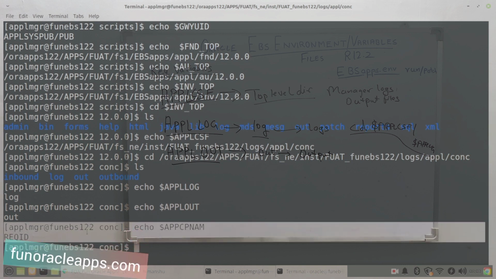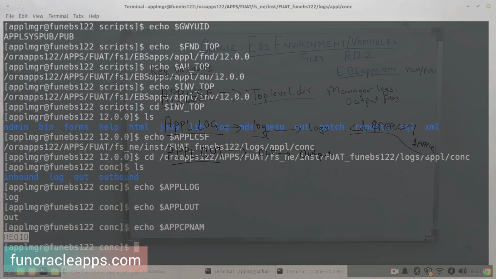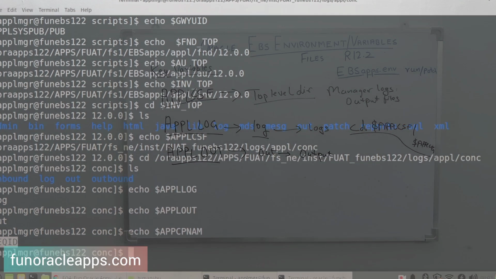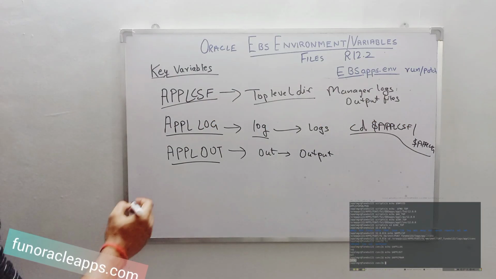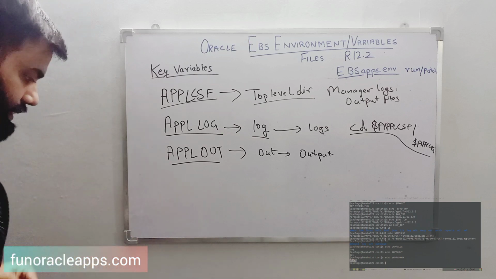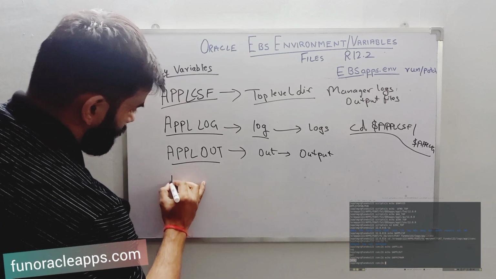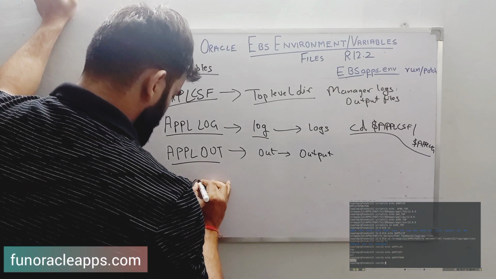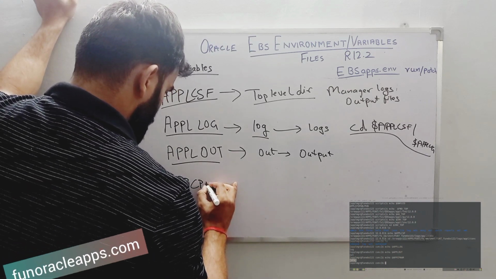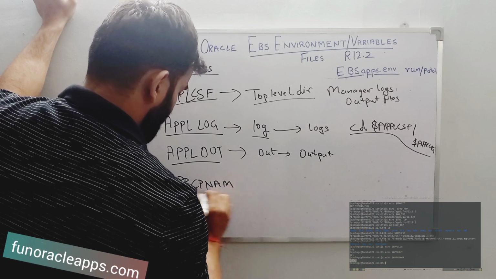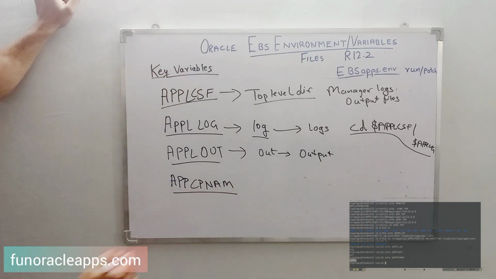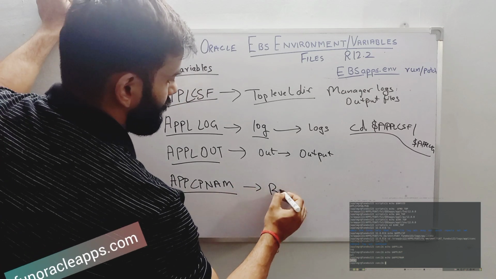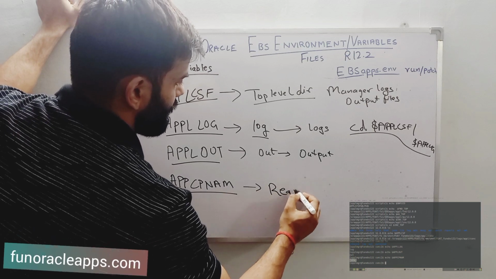If you are not aware or have not heard of APPLCPNAM, it stands for concurrent process name, and it would normally be the request id.